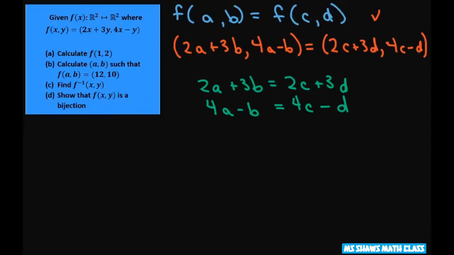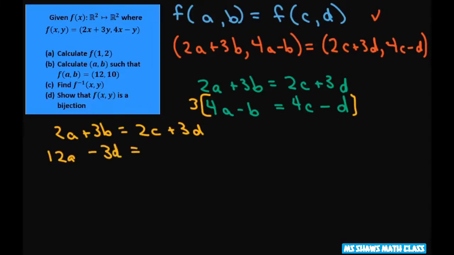Now, what I'm going to do is go ahead and multiply this second equation by 3. So we're going to have 2a plus 3b equals 2c plus 3d. And our second equation is going to end up being 12a minus 3b equals 12c minus 3d. So what you end up getting is, you add this up, you get 14a equals 14c.